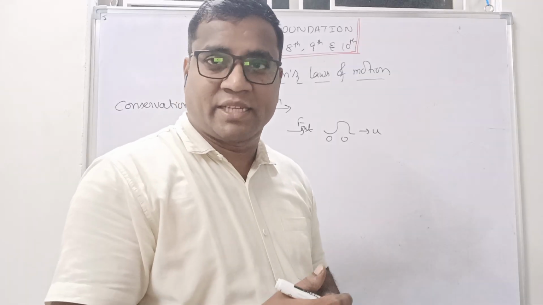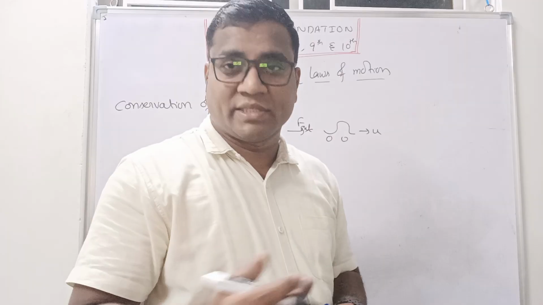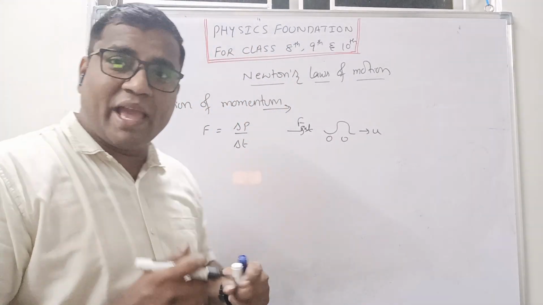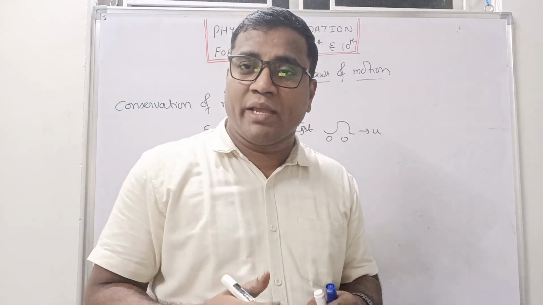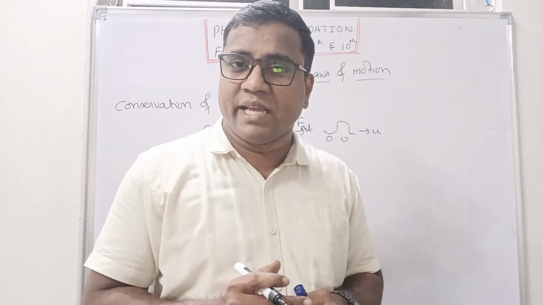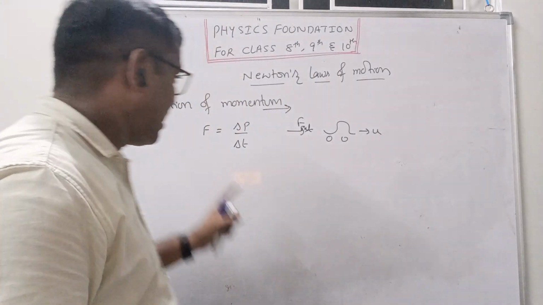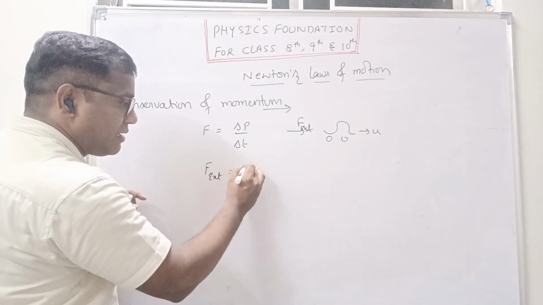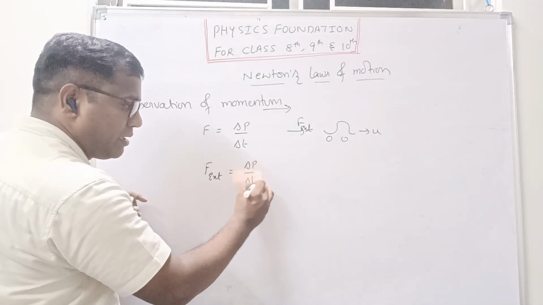This is what we discussed in Newton's second law. When there is some external force acting on the body, there will be some change in the momentum. So F external can be written as delta P by delta T.